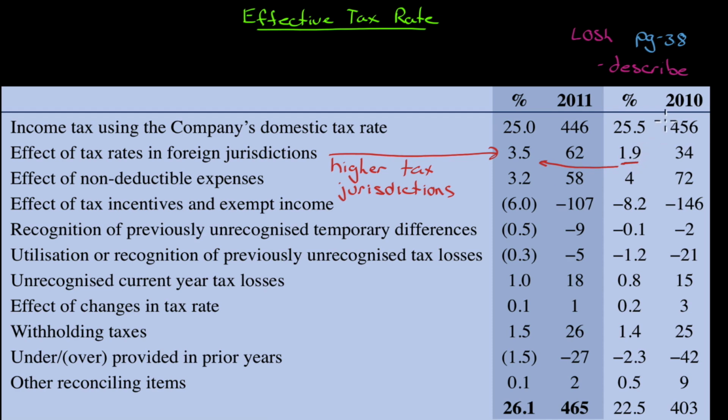It could be that from 2010 to 2011, the company did more business in countries with higher tax rates, or it could be that wherever it was doing business, tax rates increased, so that it didn't do more business in higher tax rate countries. It did the same business in all countries. It's just tax rates in general across a number of countries went up.